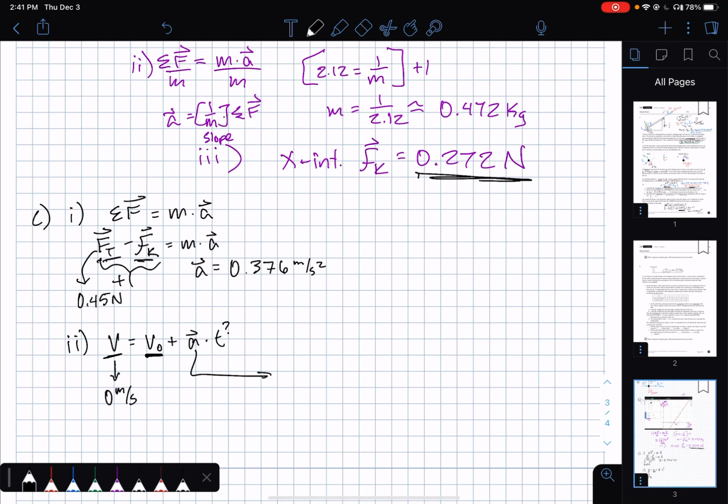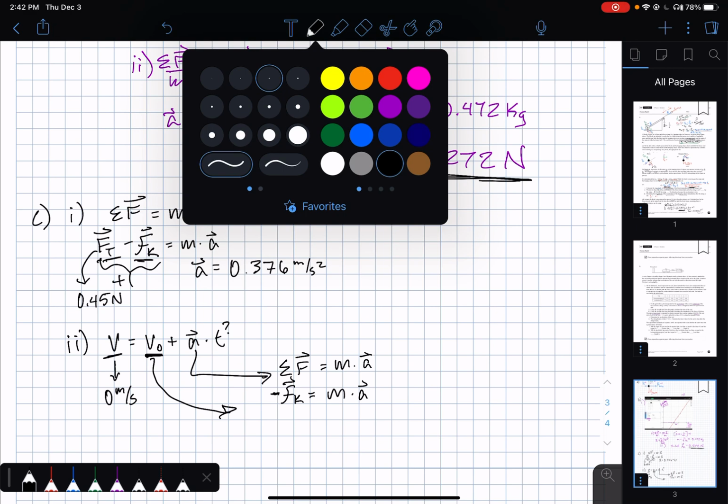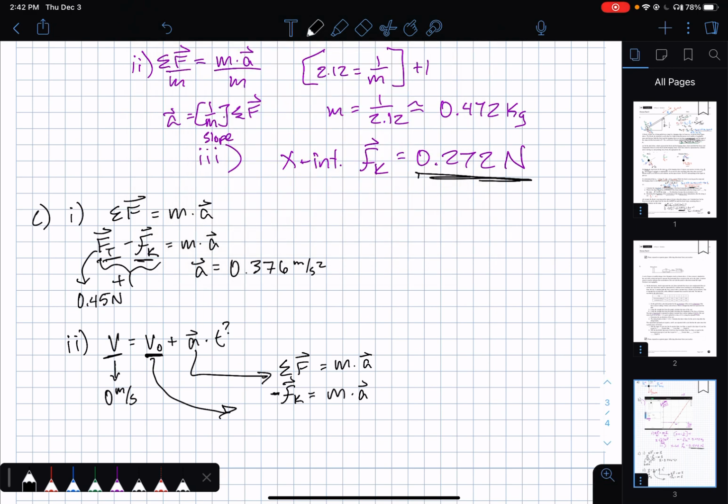Now, the acceleration is going to be different because the new acceleration is now just from friction. So friction is the only force that's causing that acceleration. And when you plug in all of your values, you got to know what your final velocity is for that first 2 seconds.